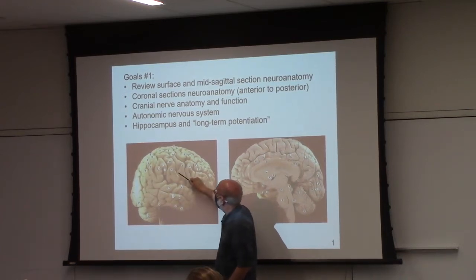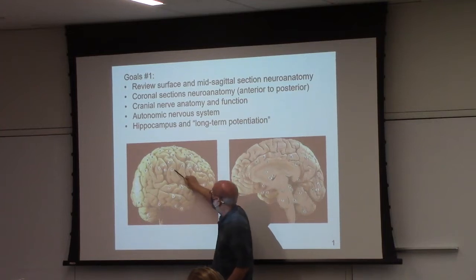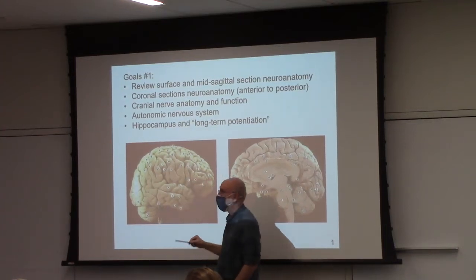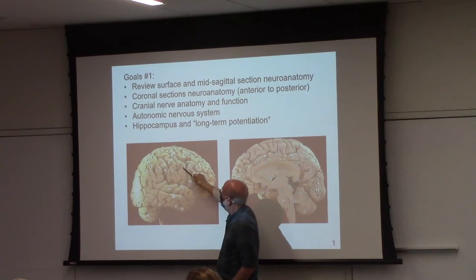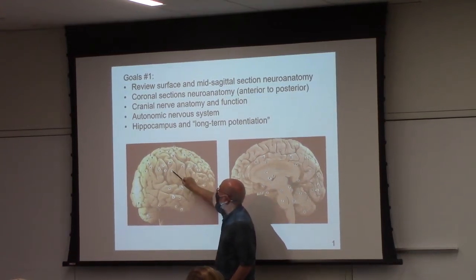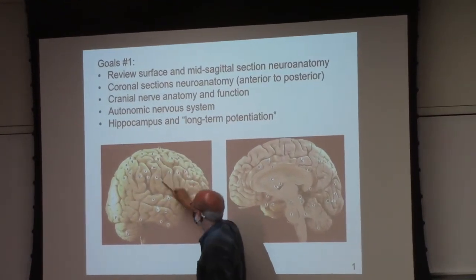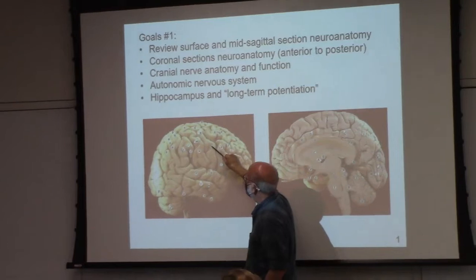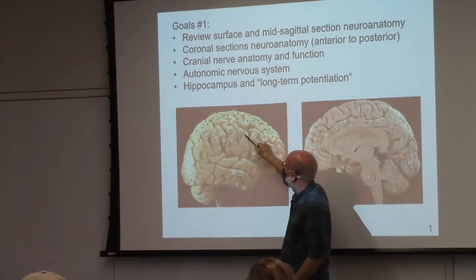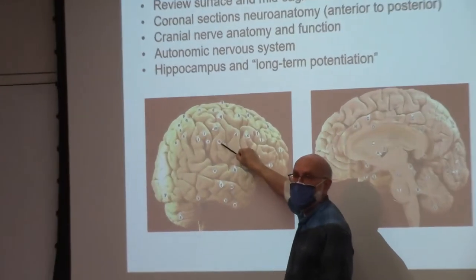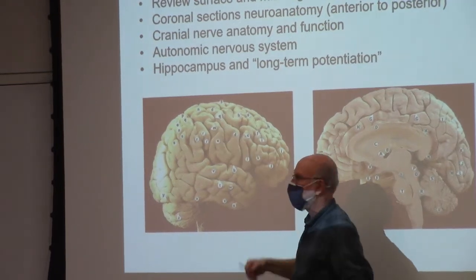Right, and then Sam, the name of this structure? Post-central gyrus. Motor cortex, we'll talk about that when we get to the motor section. Sensory cortex, we'll get to that when we get to the sensory section. Central sulcus. So pre-central gyrus is motor cortex, post-central gyrus is somatosensory, body sensation cortex.